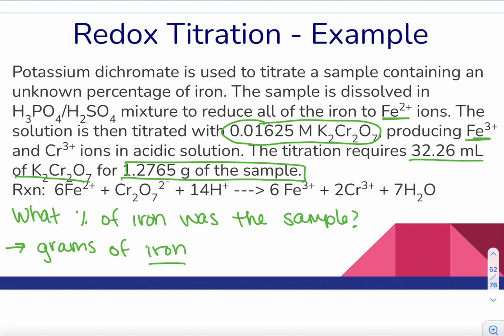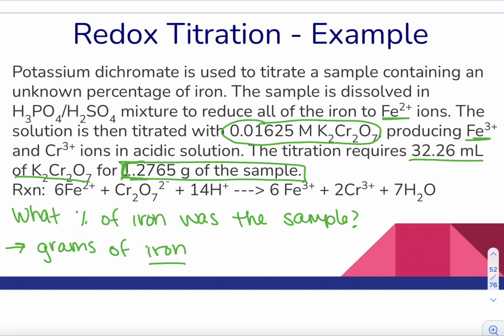Once we have that, we can just do a simple division to figure out the percentage because we have the grams of the total sample. Okay, so this one's kind of working backwards from the other one that we used. We're still going to do stoichiometry and we're still going to use our molarity formula, but it's going to be a little different because this time we're given the molarity.